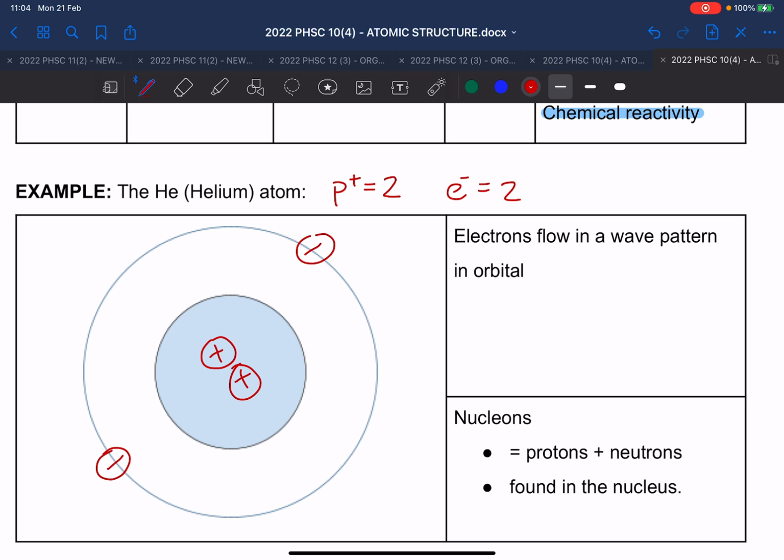No, it's in group number 18, but it doesn't have a mass of 18. Four. So the mass is 4.